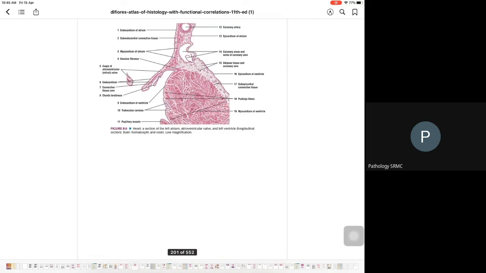Now we are coming to the heart. Let us read about it, and the heart is nothing but a modified blood vessel.